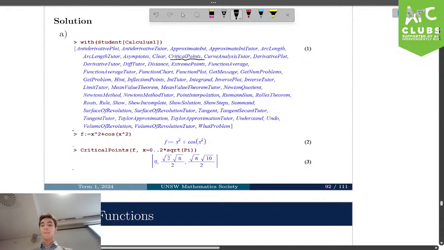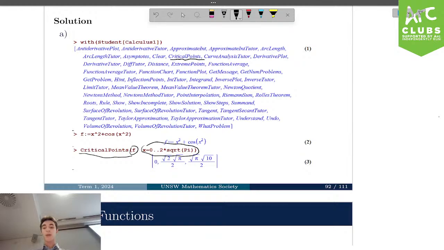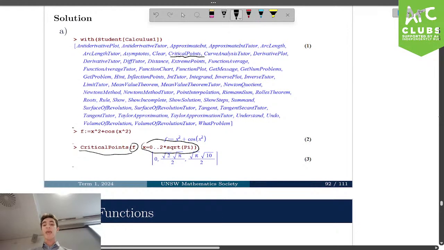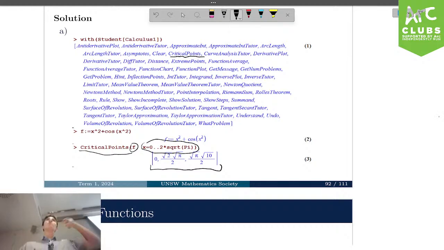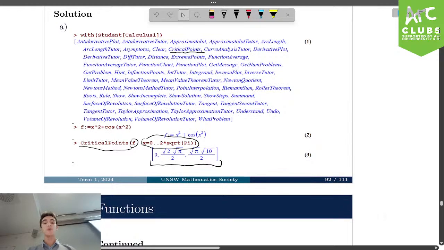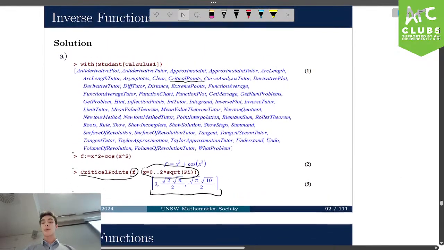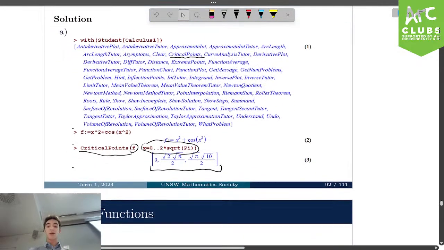You put in your function, f, and you put in the interval across which you want to use it, right? And it outputs any possible critical point across that interval, right? So that's points where the derivative is 0, it's points where the derivative is undefined, and it's the endpoints as well, okay? So very useful command that you might want to use in your final exam.